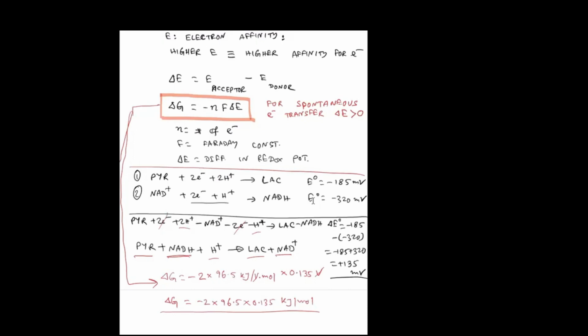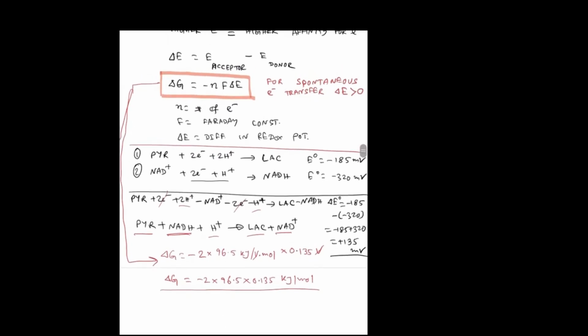Okay. Do you see everybody with me? I have a question. The 2 electrons, you got that from the NADH? The 2 electrons, yeah, because this process, pyruvate to lactate, is a 2 electron process. Okay, thank you. I have another question. How come you moved NADH and NAD plus to the opposite side when you canceled?